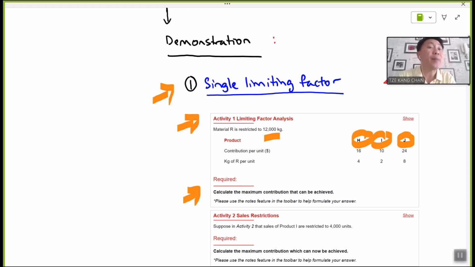Guys, spend some time, pause the video, take a look at the information, and give a try to derive the answers for a better understanding. Same thing applies for all the exercises in this part of the video.